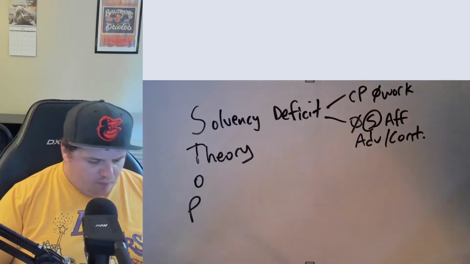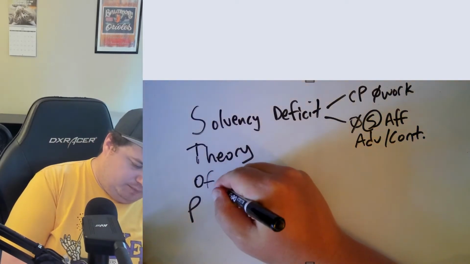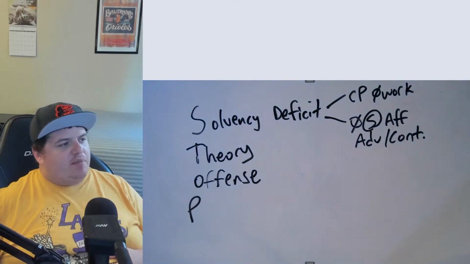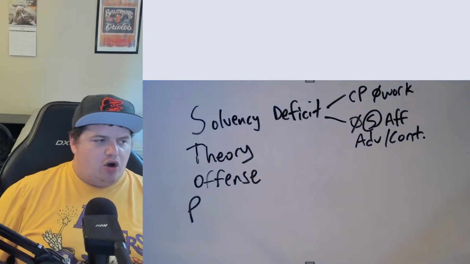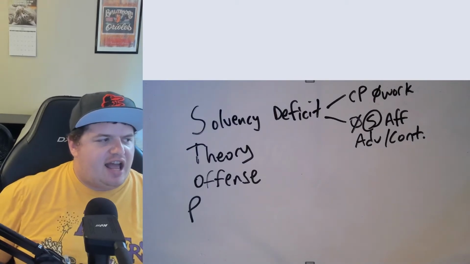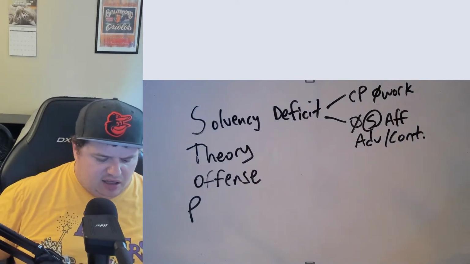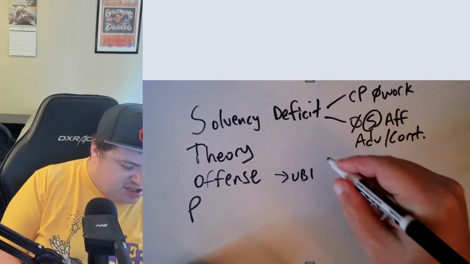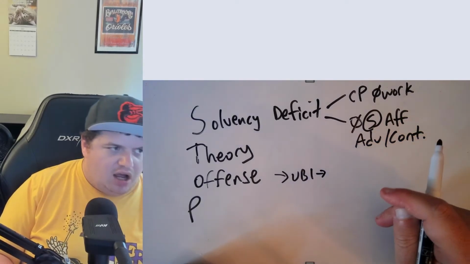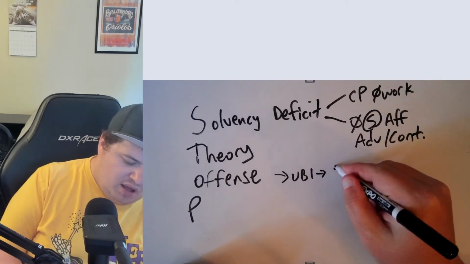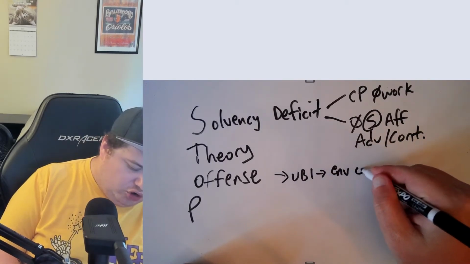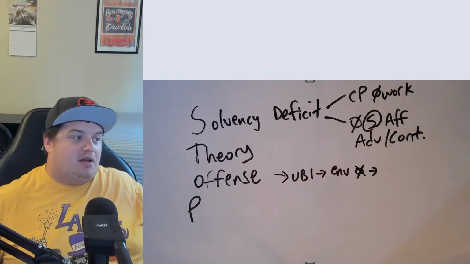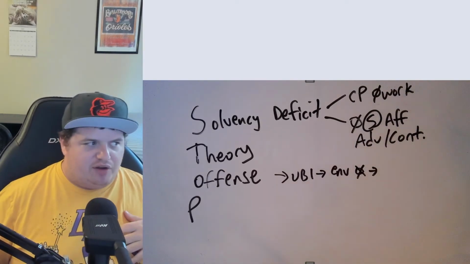The third way is by reading offense. So, let's say I said UBI causes environmental destruction, and that leads to bad impacts. I just made that up, so I have no idea.